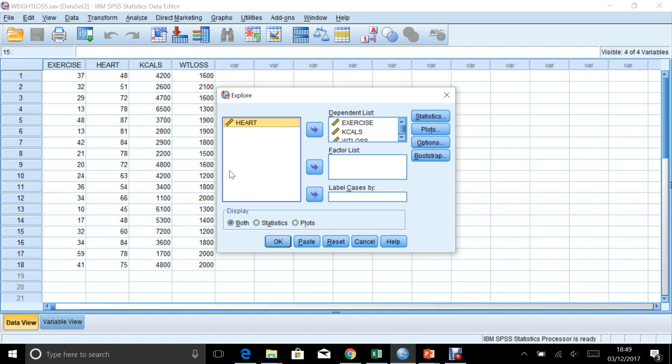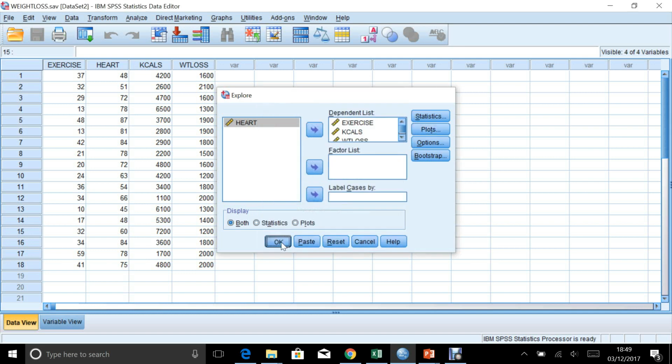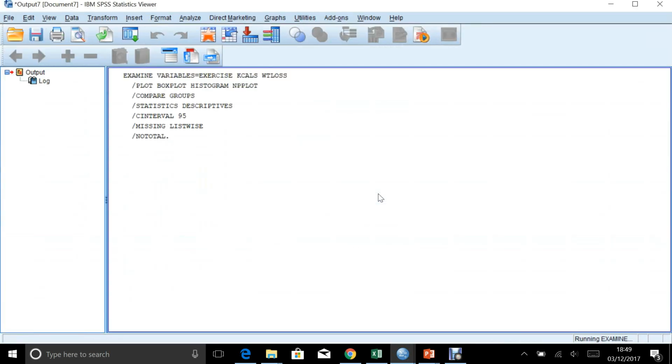They would originally have been in this side here, but I've done this analysis previously, so they're already in the dependent list for me. By clicking on plots, I unclick stem and leaf, click on histogram, and then normality plots with tests, because that will give me the Kolmogorov-Smirnov output. So click on continue and OK, and we'll just wait for the output to arrive.